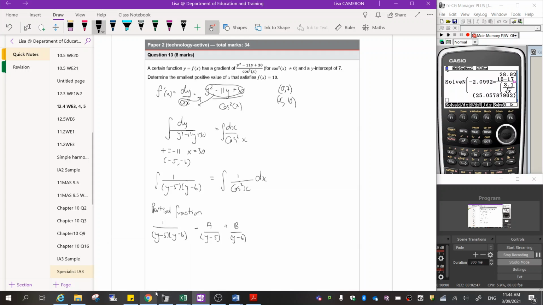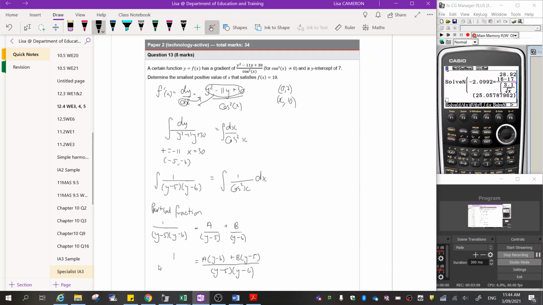Now, the next step in doing this is that I'm going to make our denominators the same by multiplying this side by that. So I end up with a bracket y minus 6 bracket plus b bracket y minus 5 bracket all over y minus 5, y minus 6.